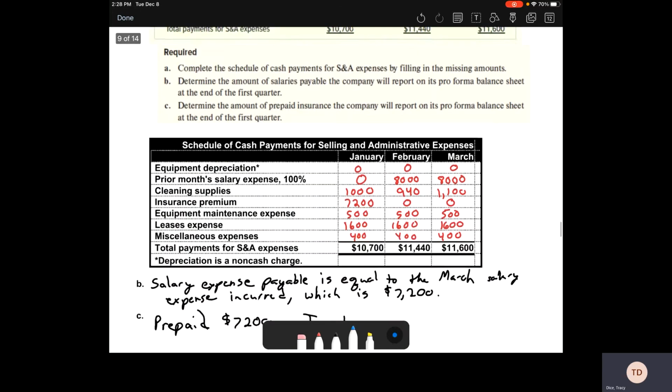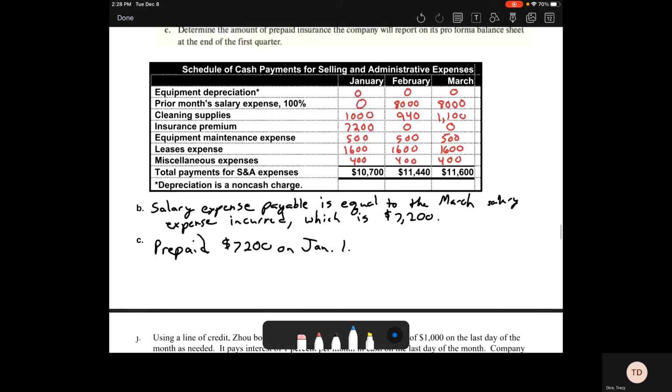So we need to take 600 times 3, which gives me 1,800. And we need to subtract. When we take 7,200 minus 1,800, we find out that we should end up with 5,400.